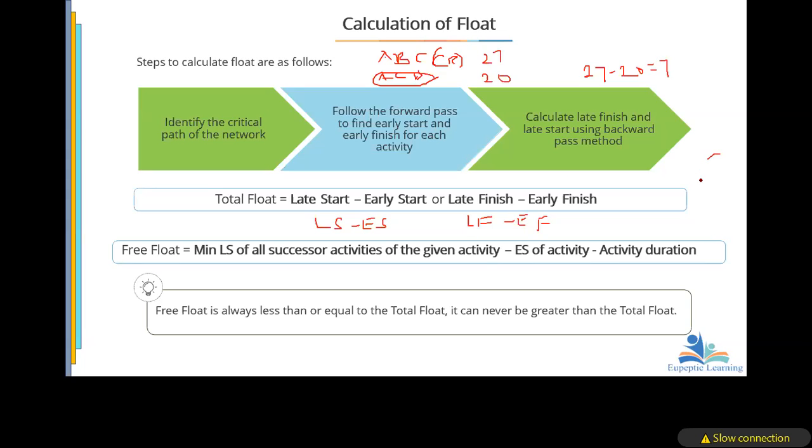Let's say activity C and D all depend on A. So C and D are the successor activities of A. So if I want to calculate the slack or the float on activity A, I want to look at the minimum late start of the two of them.